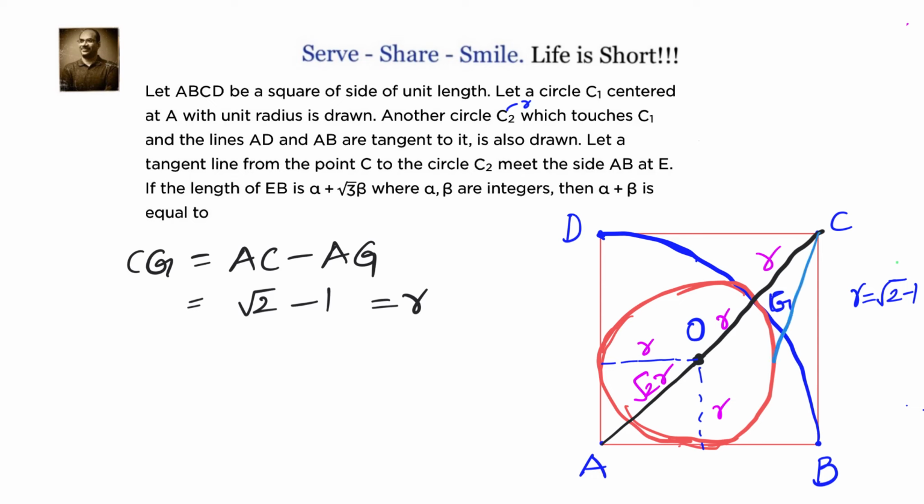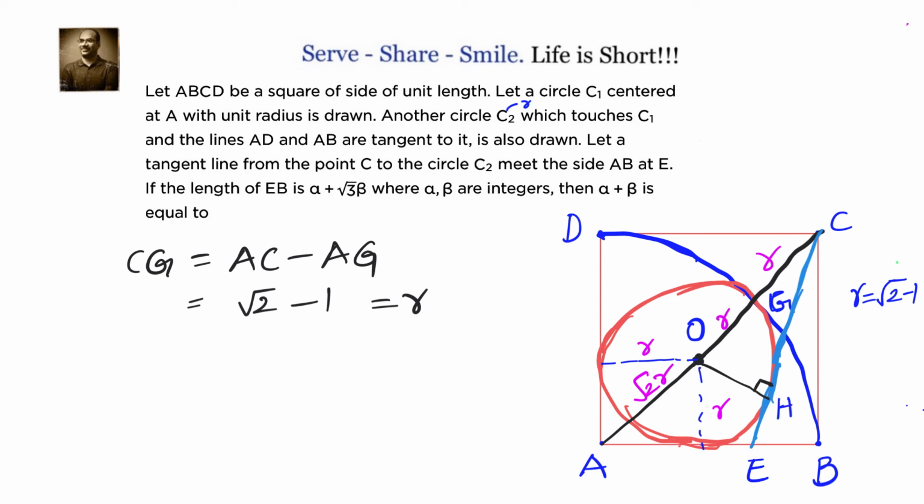Now let's go to the last point. We have been told that a tangent line from the point C to the circle C2 meets the side AB at E. So let us try to identify that point E, and also from O draw a perpendicular to CE and let us say that point is H. Now consider this triangle CHO.